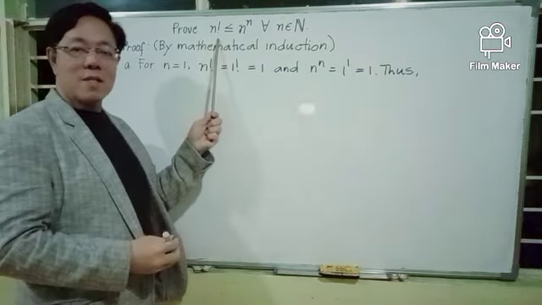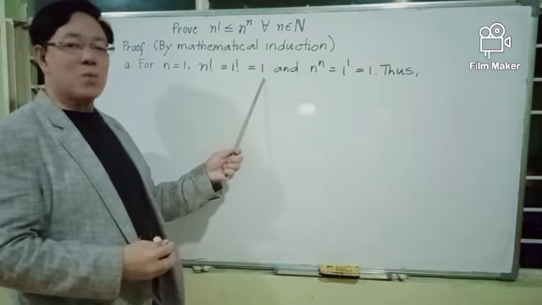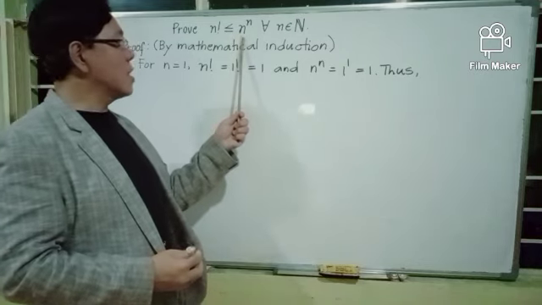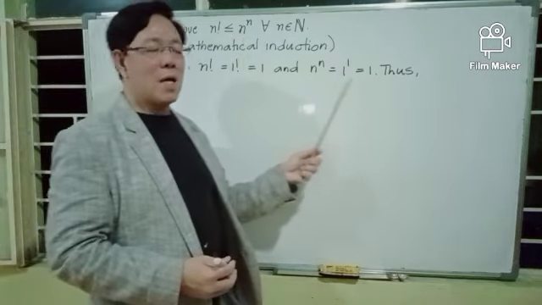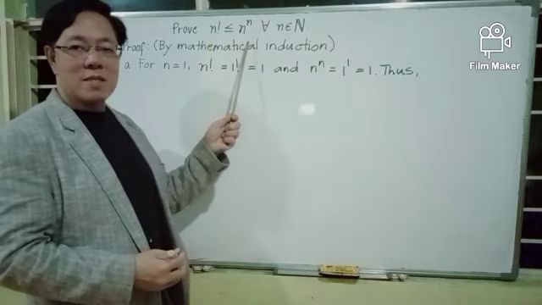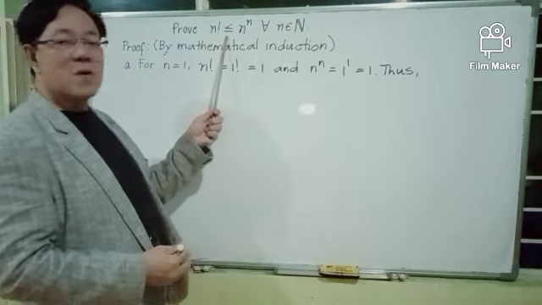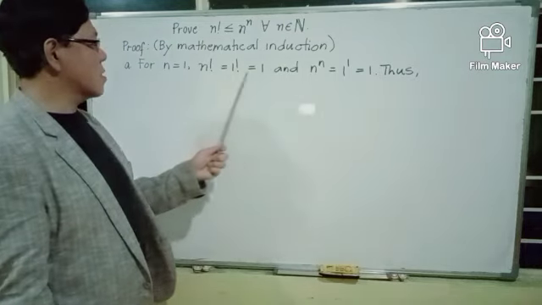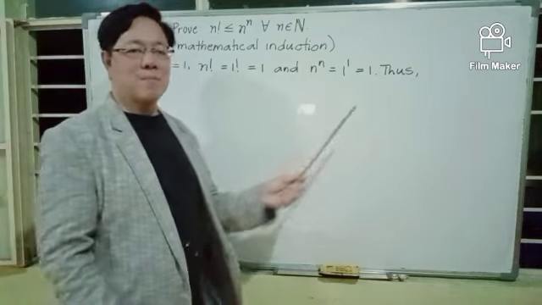Thus, the left-hand side, n factorial, is 1. And the right-hand side, n to the power n, is also 1. And this mathematical statement is satisfied for the equality part because 1 is equal to 1.